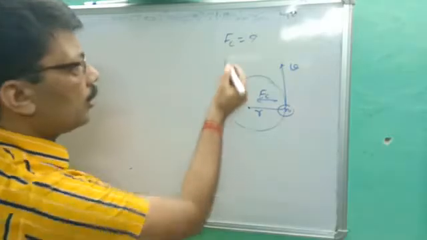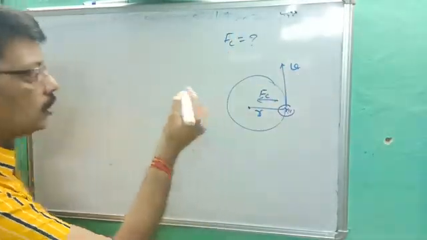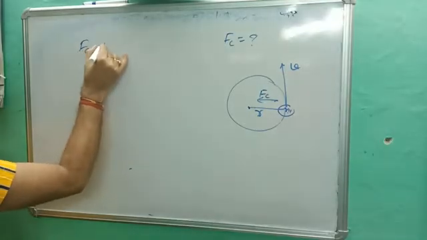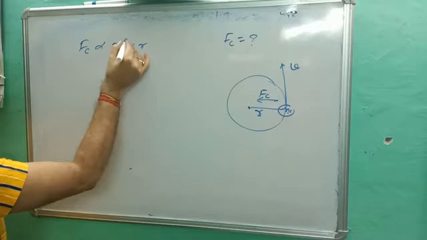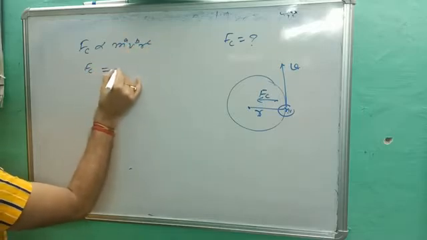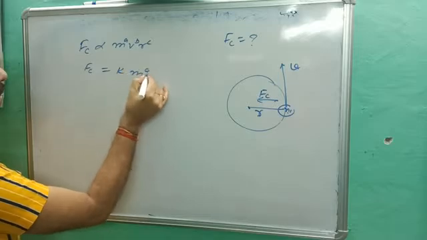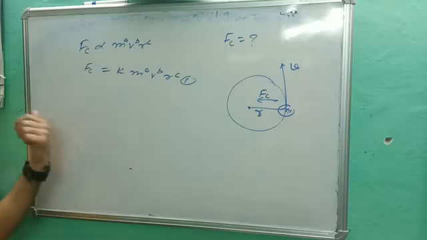No doubt, Fc will depend on m, v and r as in the previous question. So we will start. Fc is proportional to m, v, r with their raised powers a, b, c. So Fc is equal to k, m^a, v^b, and r^c. Equation number first as before.